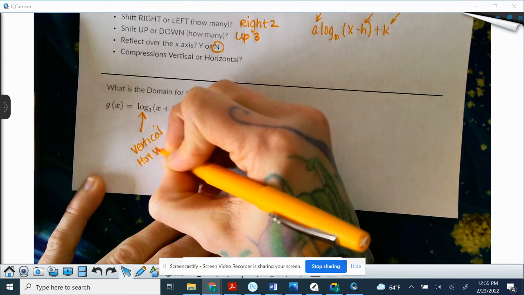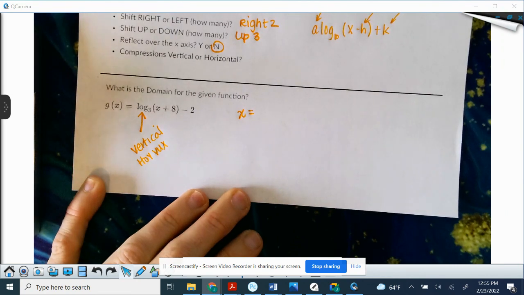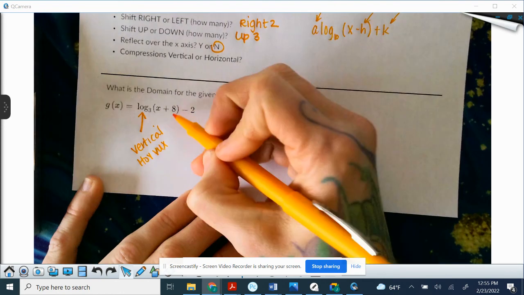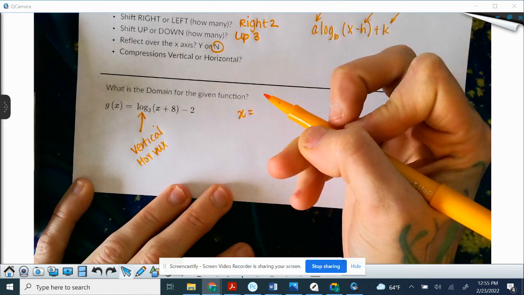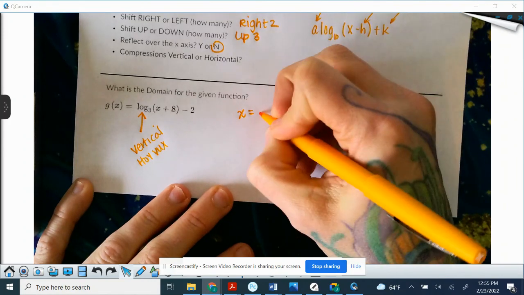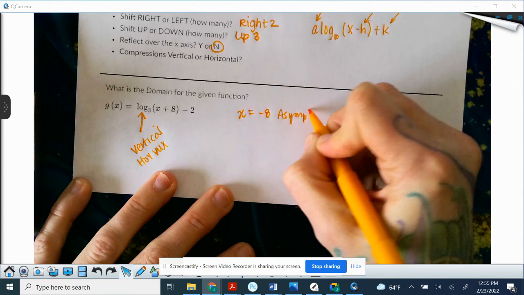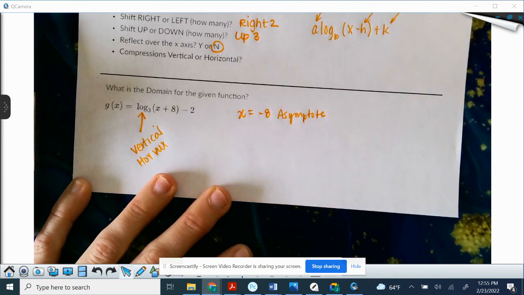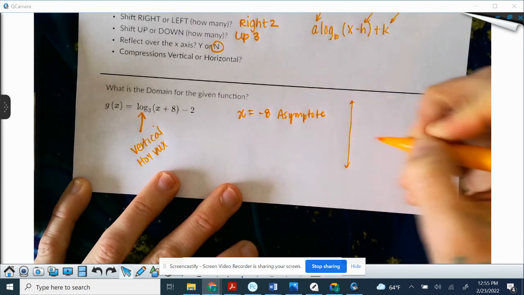So we know that the asymptote is going to be an X equals, and it is always going to be the opposite of whatever your H value is here. So opposite of plus 8, so it should be a negative 8 for that asymptote. So that's that line, and it's vertical. So we know it's going to go somewhere around here at negative 8.